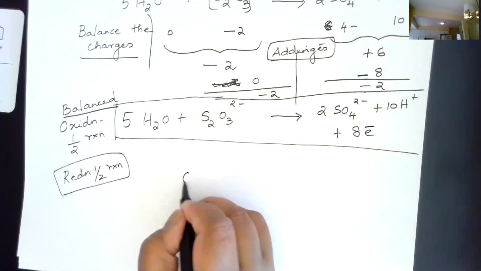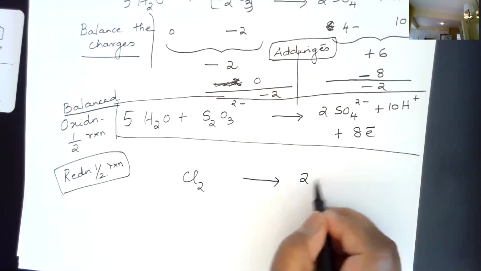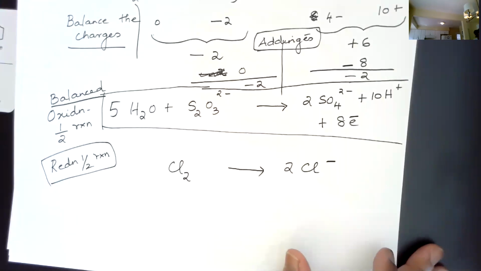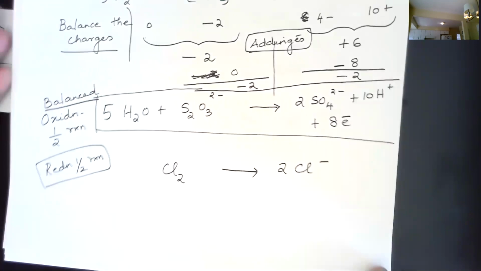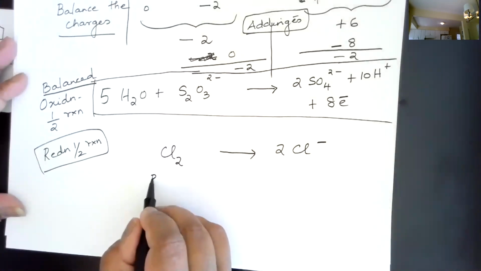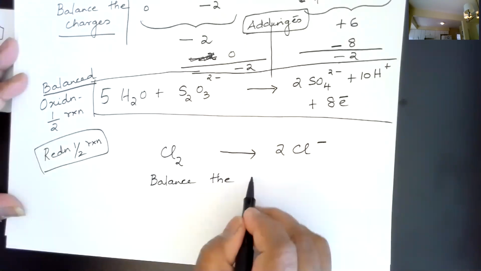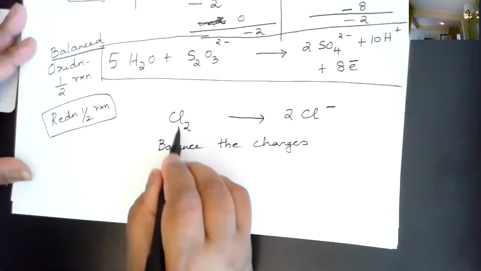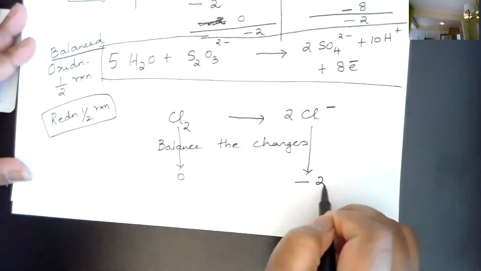Cl2 giving 2 Cl minus. And it's balanced except for the charge. So balance the charge. So here this is 0 net charge. This is -2.